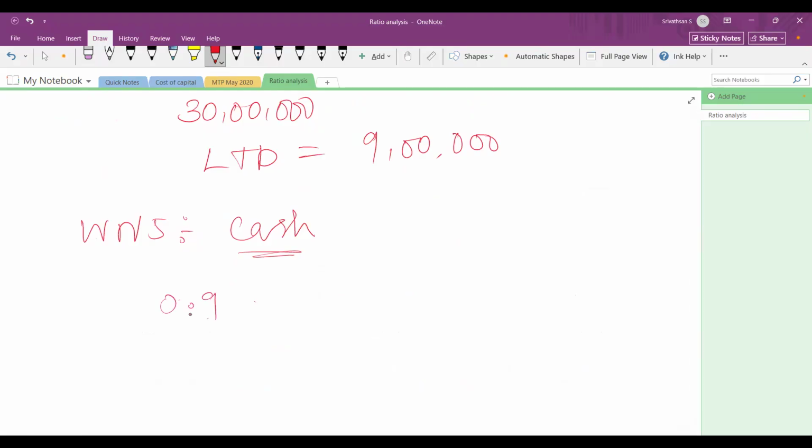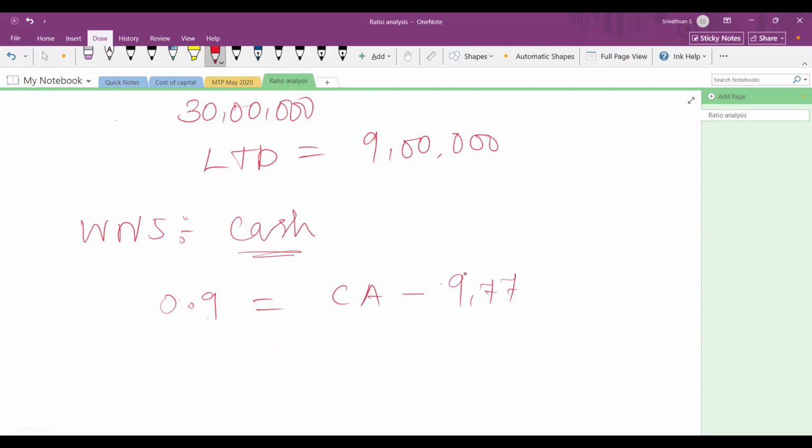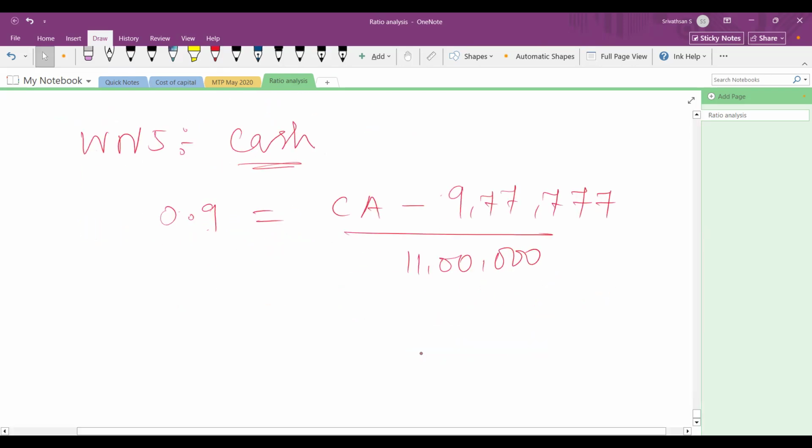So 0.9 is equal to current asset minus inventory, 977,777, by current liability, which is 11 lakh. So what is the amount of cash? Oh no, this will be 9 lakh 90,000.